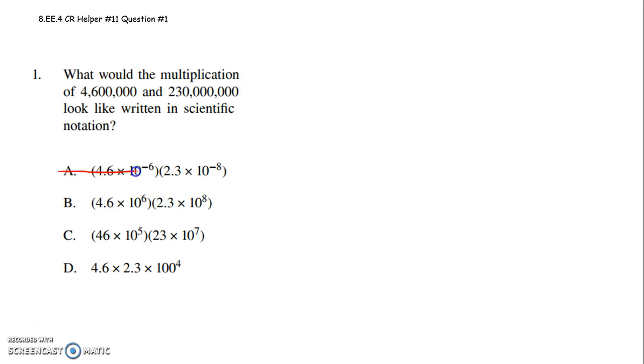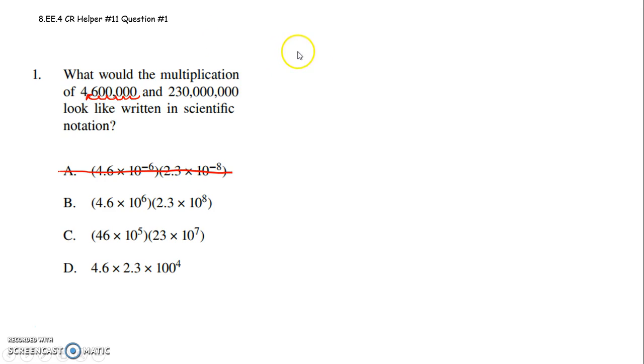So bye-bye letter A. Okay, negative exponents are teeny, teeny, tiny numbers. These are very large numbers. So let's go ahead and write 4,600,000 in scientific notation. We're going to move this decimal point over 1, 2, 3, 4, 5, 6 places.